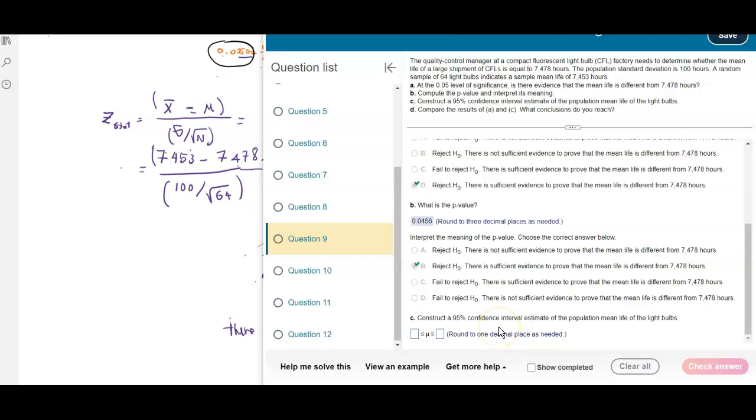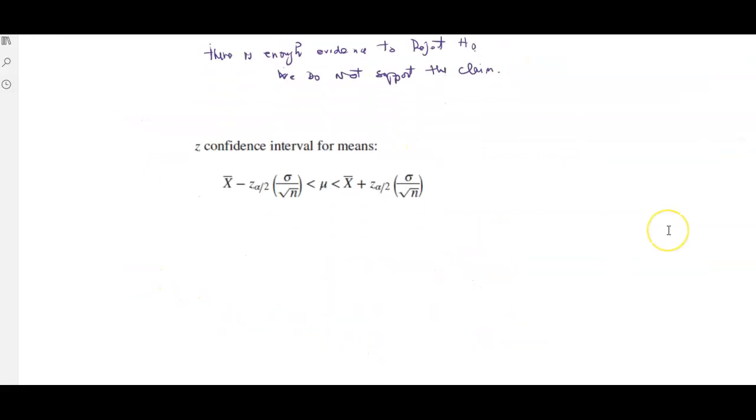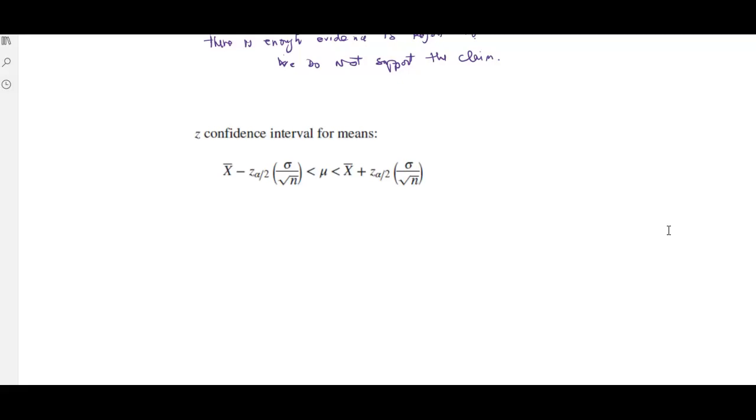And then the confidence interval. All right, let's try to do the confidence interval right now. This is the formula for the confidence interval, and once you have the formula, you just have to plug in the values. Here is the sigma, which is going to be 100.